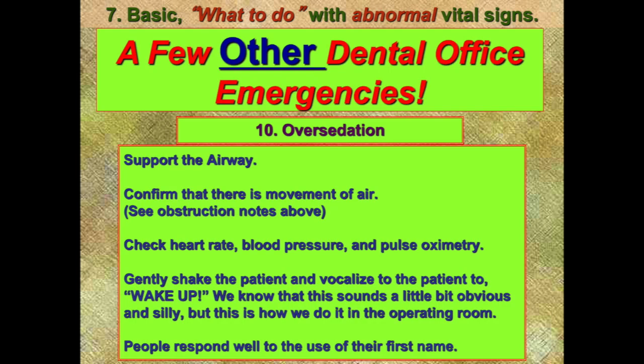So support the airway, follow your CABDs, making sure that there's movement of air. Keep checking and recording heart rate, blood pressure, and pulse oximetry. And then just wake the patient up. This would be where the hearing comes in. So we're going to vocalize. We're going to want to kind of gently shake them and tell them to wake up with a loud voice from us and get the patient back into that level where they should be.